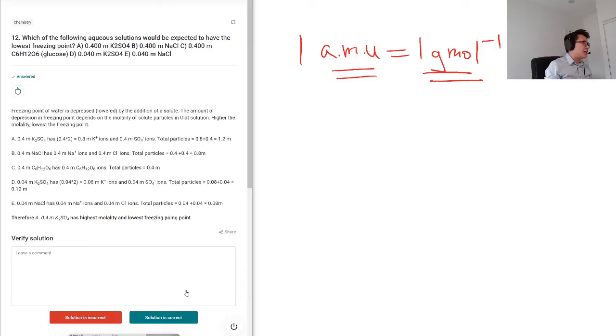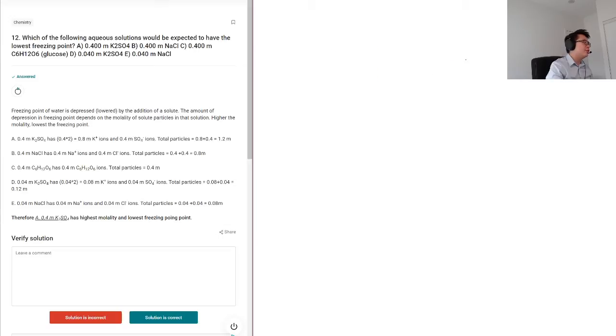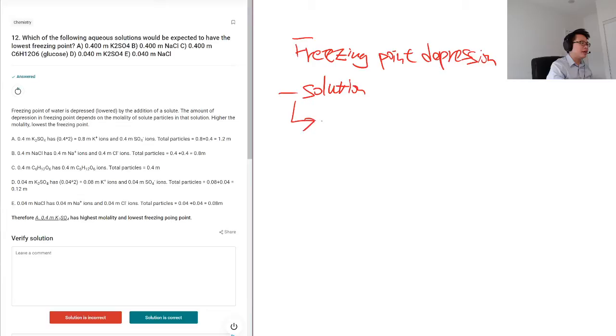Okay, so let's keep going. All right, we are looking at another question, on colligative properties. First of all, which of the following aqueous solutions do you expect to have the lowest freezing point? So we are looking at freezing point depression. When we create a solution, the freezing point, I will just call it FP, is going to decrease.